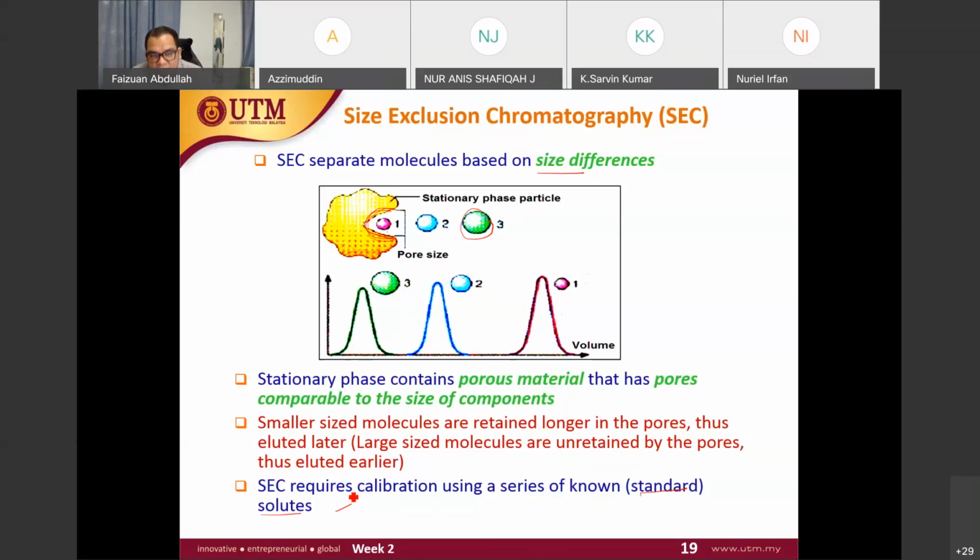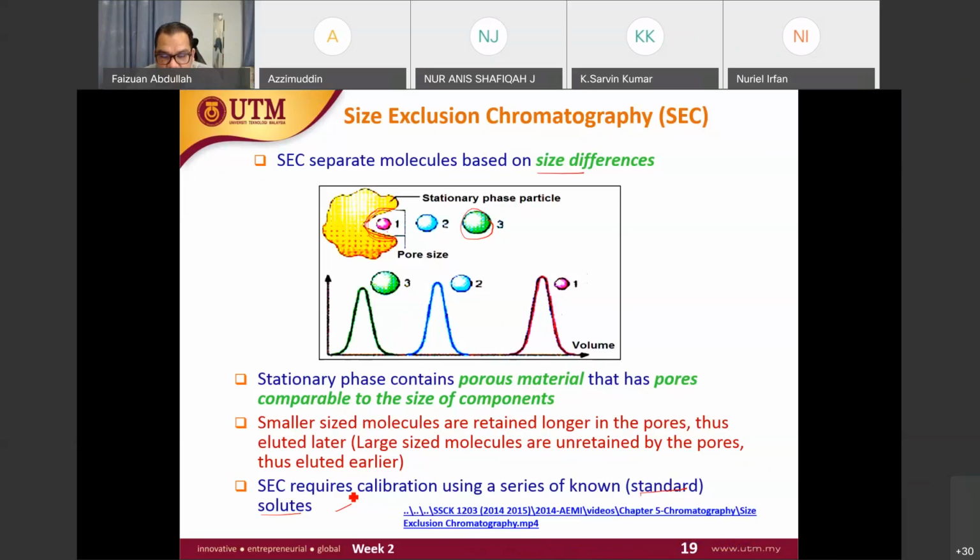The small size will be retained longer in the pore, while the big size will easily be unretained and move out of the column, the stationary phase, when we elute by putting in mobile phase. So the small size will be retained longer in the pore than the large size. Simple concept.